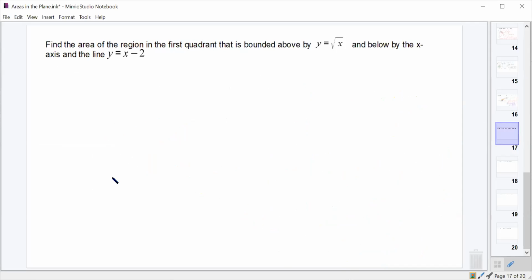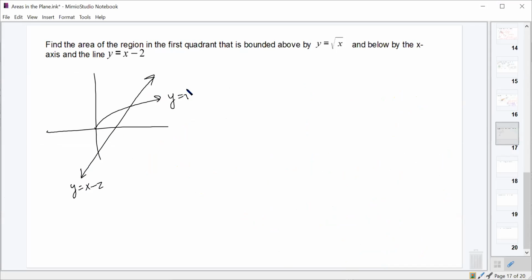Oh, wait. This problem is the same problem, isn't it? True? But we still want this same region.